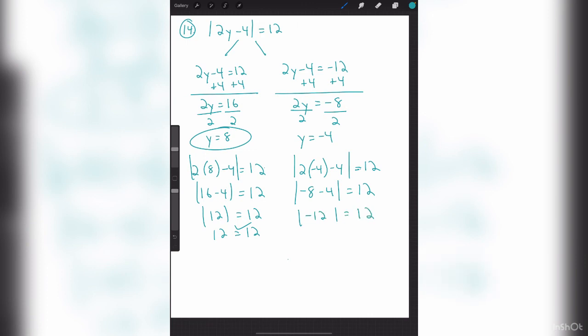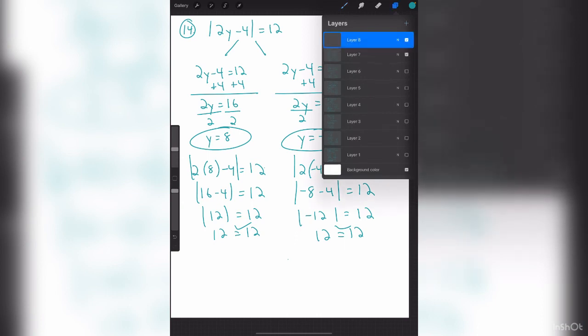The absolute value of negative 12 is 12. So it's true. These both work. So in checking for extraneous solutions, we did not have any extraneous solutions. And like I said, an extraneous solution is if we get down to the very end and we realize, wait, 13 is equal to 12. That's not right. So we're just going to check and make sure. It's always good to check our work and not just assume that it's right.